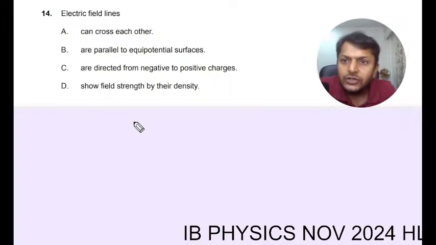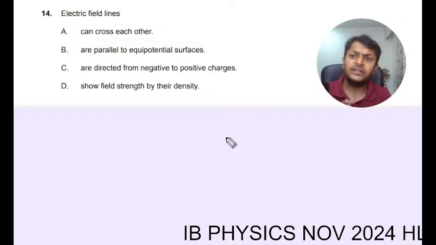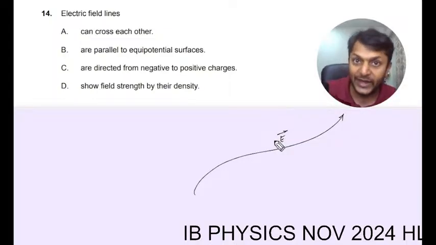Okay, now the electric field lines. How are they defined? Let's say this is the line, the electric field that we have shown somewhere in the space.